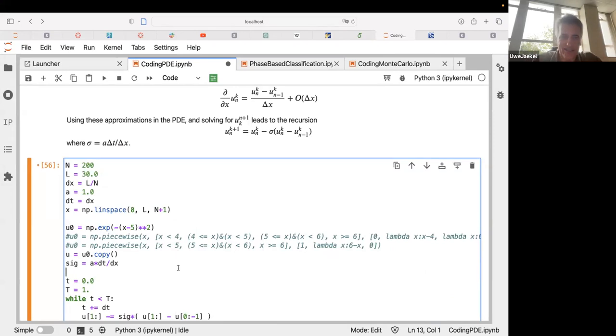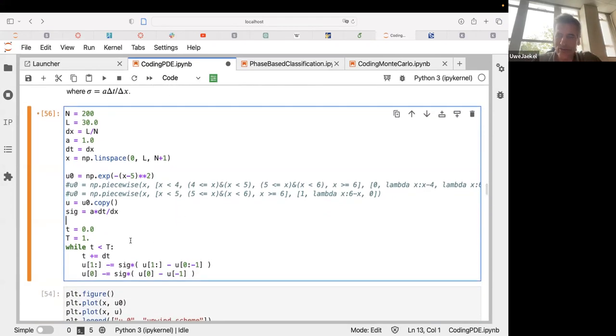Now, let me repeat what the code is. We first set the current time to 0, where small t is the current time, and capital T is the time where we would like to stop.